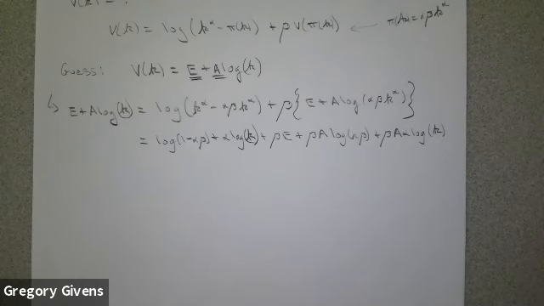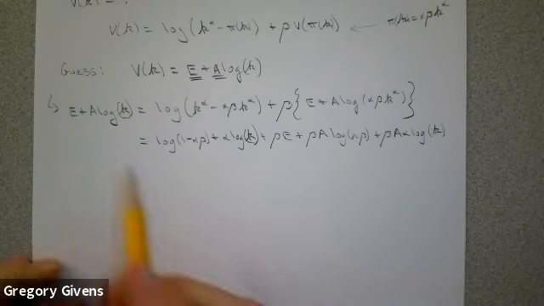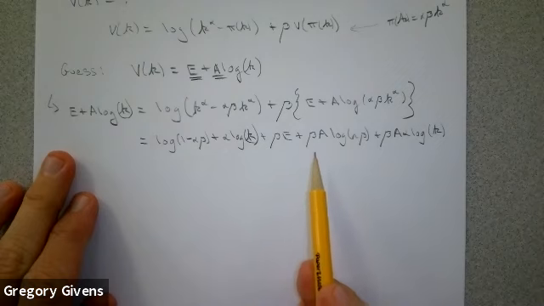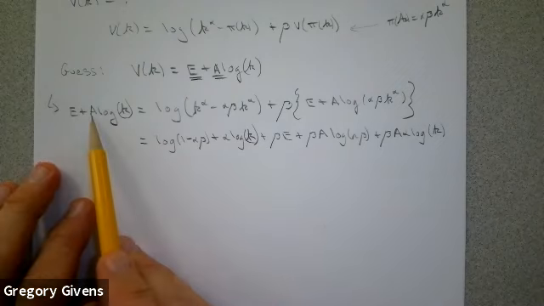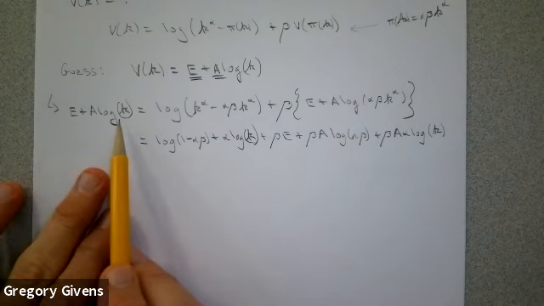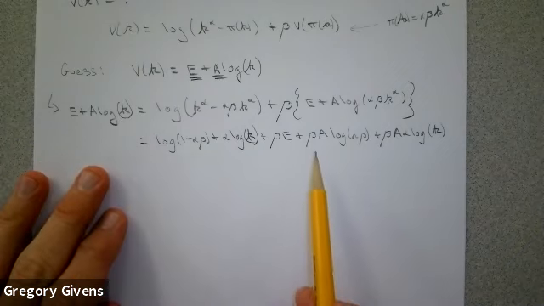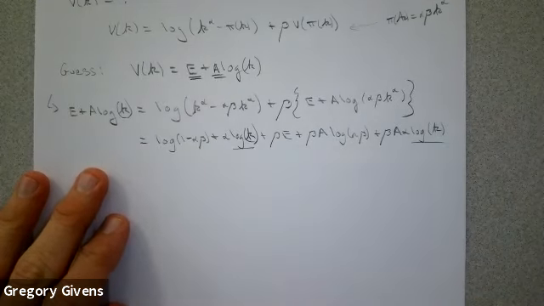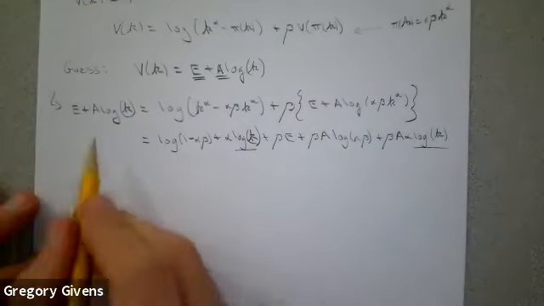Now we can do what? We can match coefficients, right? The intercept term on the left-hand side must equal the sum of the intercept terms on the right-hand side. The coefficient on log of k on the left-hand side has to equal the sum of the coefficients on the log of k on the right-hand side. Well, let's do that one first.